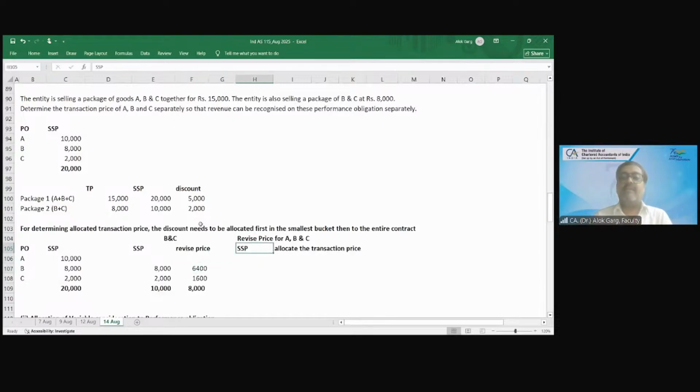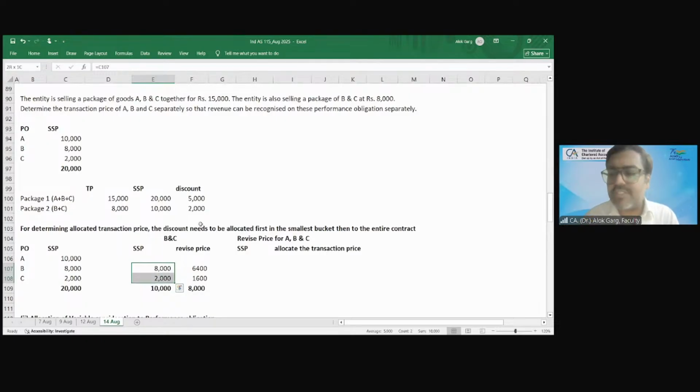Now, my revised price for package number 1. For A, it is 10,000. How do we get 10,000 of B and C?